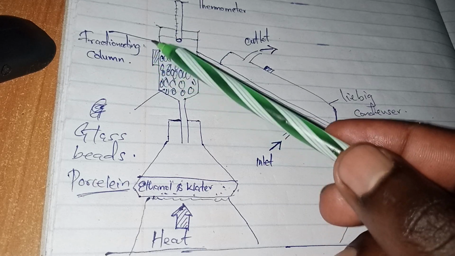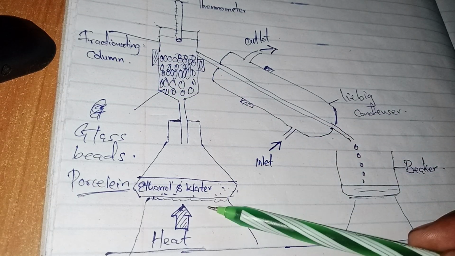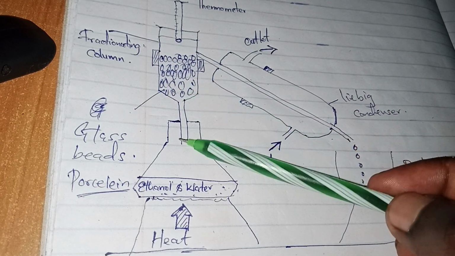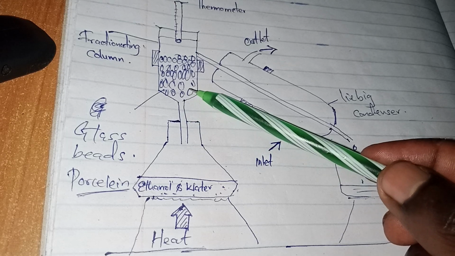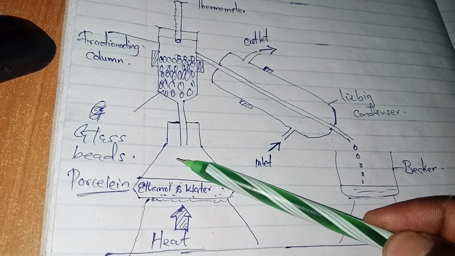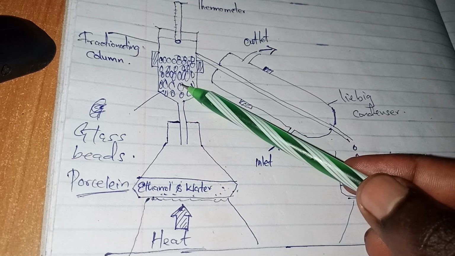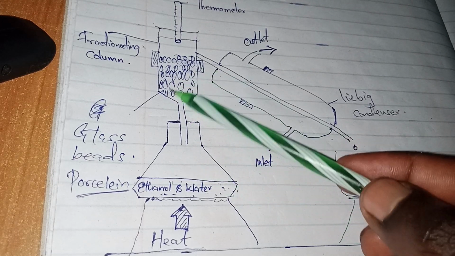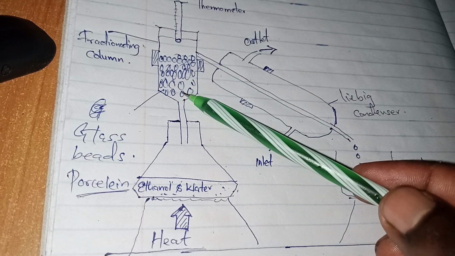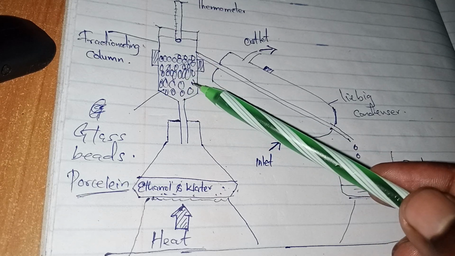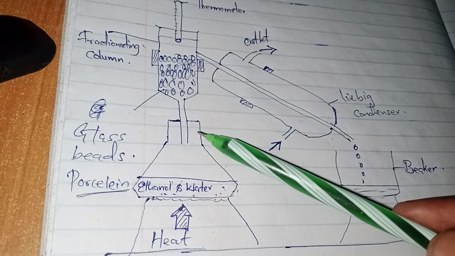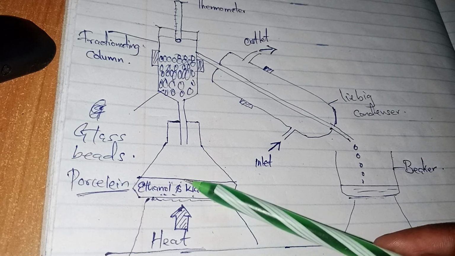If water vapor has risen, because it is less volatile, it will condense and drip back. So the function of glass beads is to increase the surface area for condensation of the less volatile component. For example, our less volatile component is water.